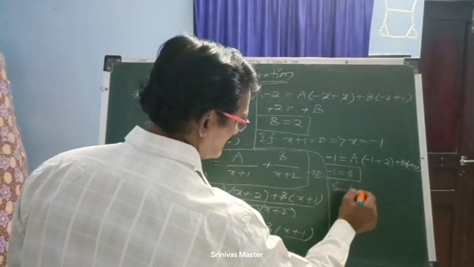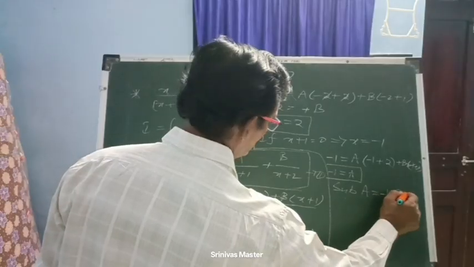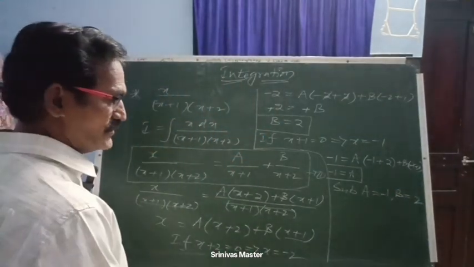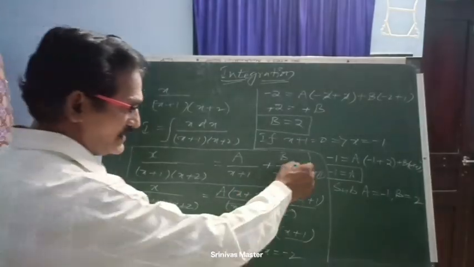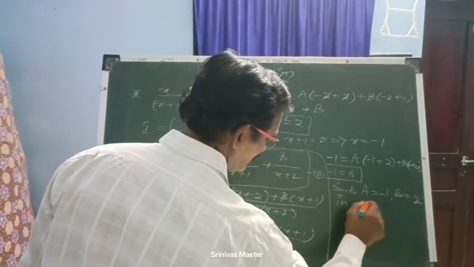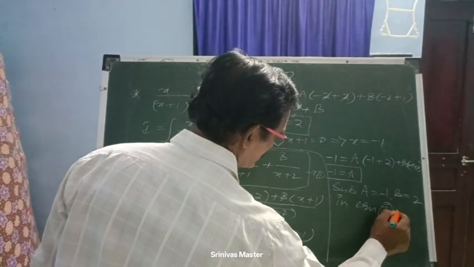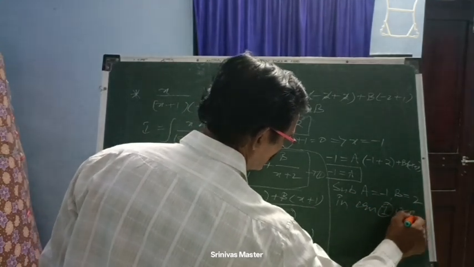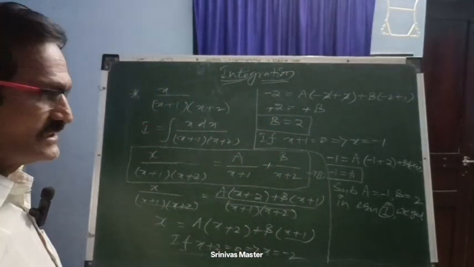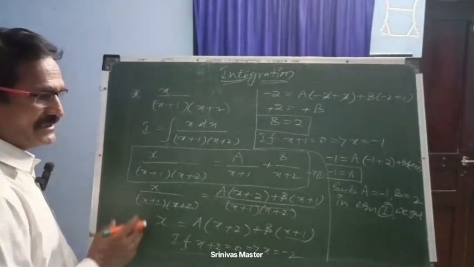That means a equal to minus 1 and b is equal to 2. In where we have to substitute? In equation number 1. Right? Okay. So what you will get here? When you are substituting both the values a and b in equation 1, what will you get? So be careful, remember this equation. This equation is the main thing.